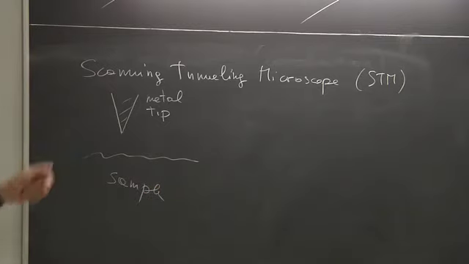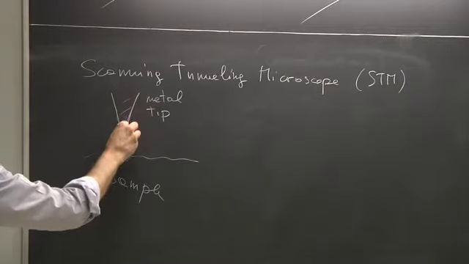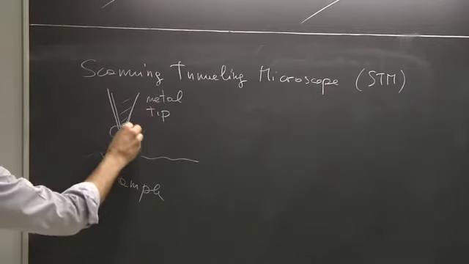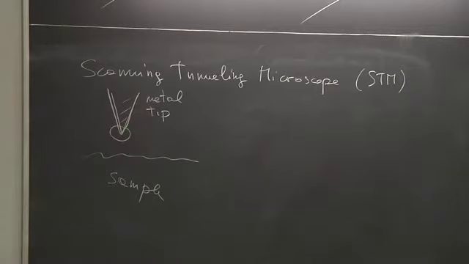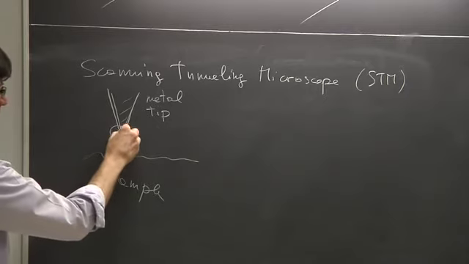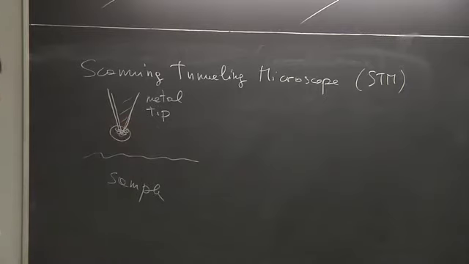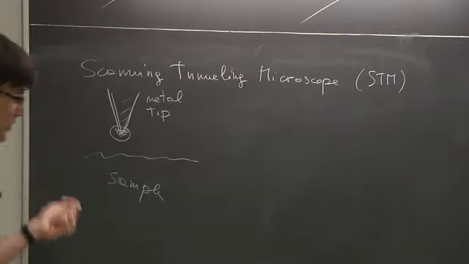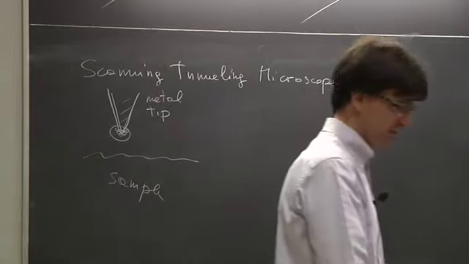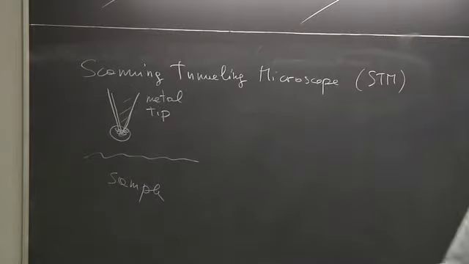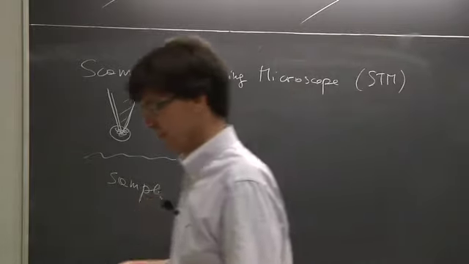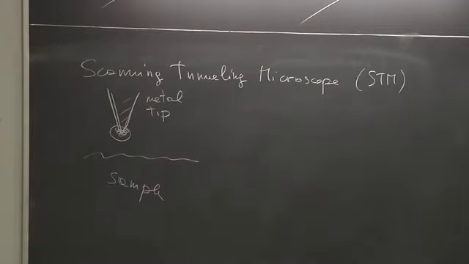And if you're able to make the tip sharp enough, eventually the tip will be terminating with an atomic structure which is rather sharp, hopefully. If you are good enough at preparing these tips, you can generate them in such a way that the tip is really made of a few atoms.